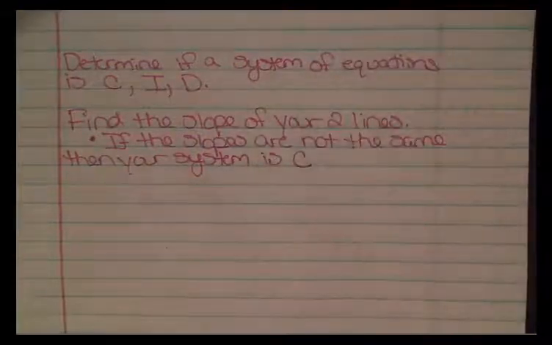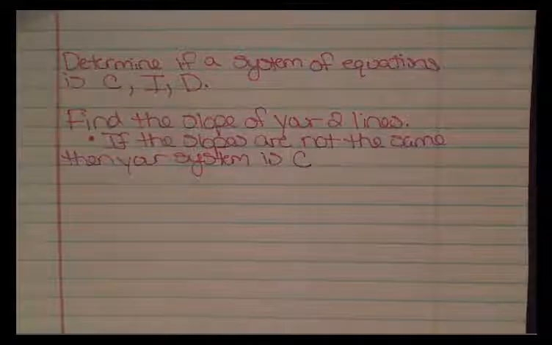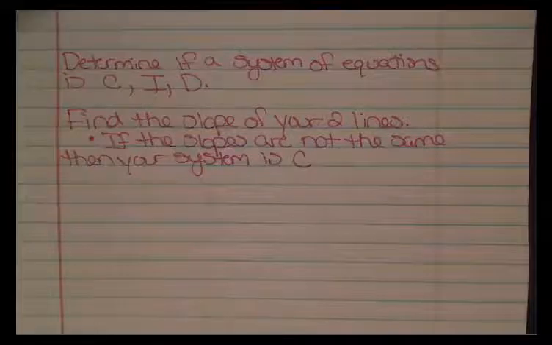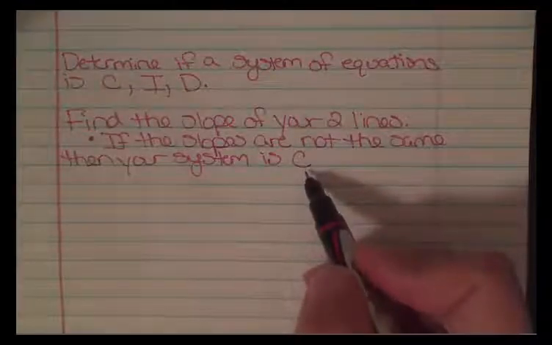So if you find the slope of your two lines and they are not the same, then your system is automatically consistent. And that's because if they're not the same, that means they're going to intersect, and that means that you're going to be consistent.